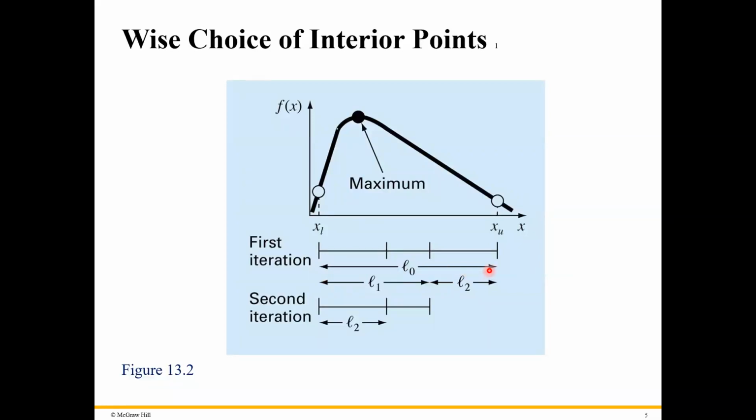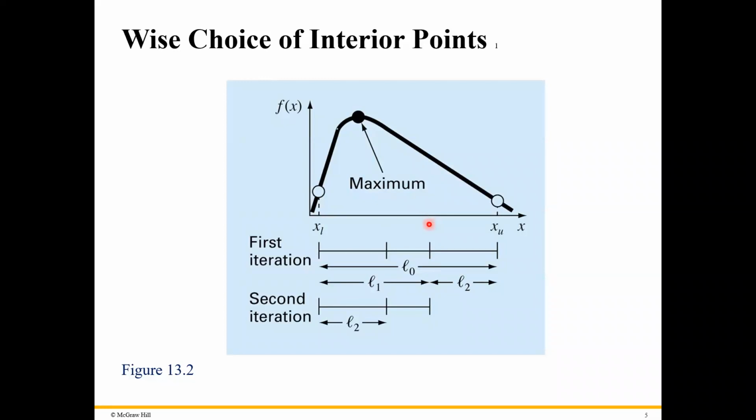And within this distance, we will choose 2 points, x1 and x2. I think it is not shown over here, but x2 will be on the left side of x1, and x1 will be here.